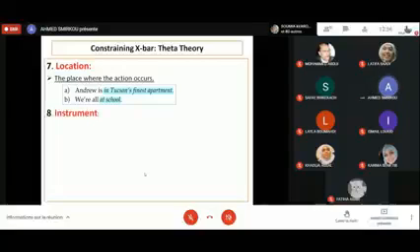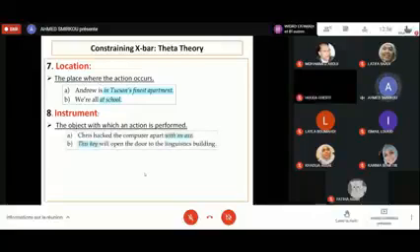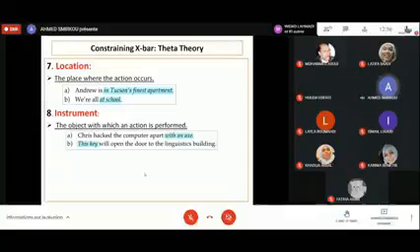So location is the place where the action occurs. Instrument is the instrument by which an action is performed, the object with which an action is performed. For example, Weiss hacked the computer apart with an axe.